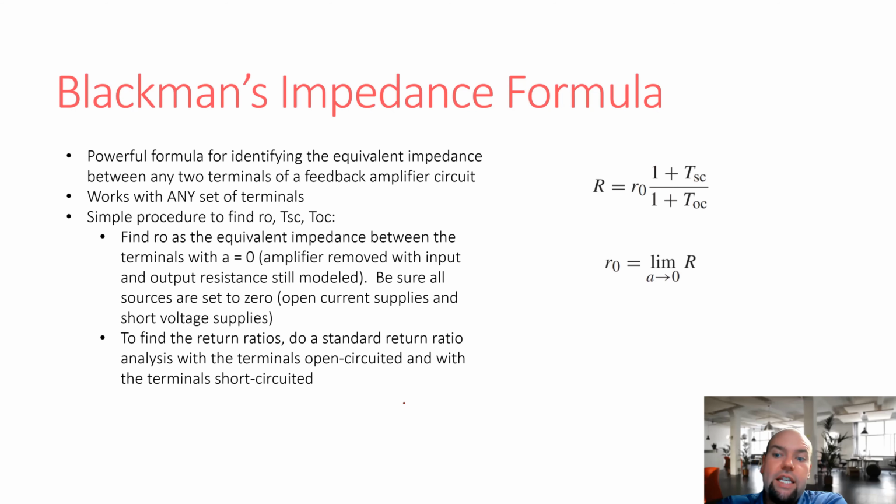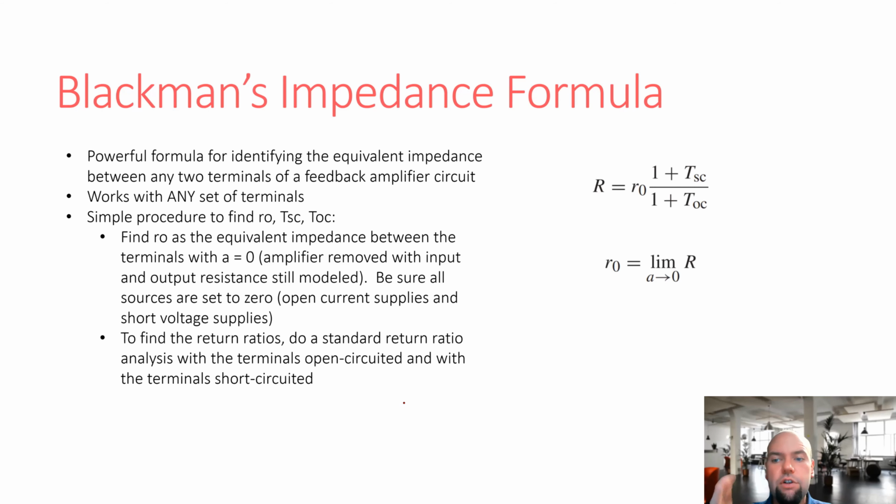Another benefit of using this idea of return ratio is that it's really good for finding impedance. Blackman's impedance formula is a technique we can use to find the impedance between any two terminals of a feedback amplifier circuit. That is incredible.